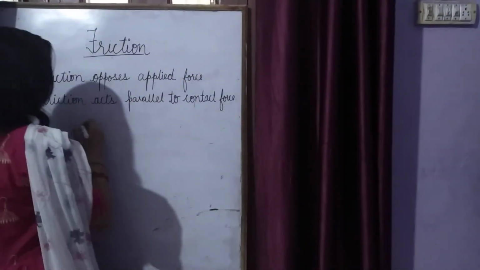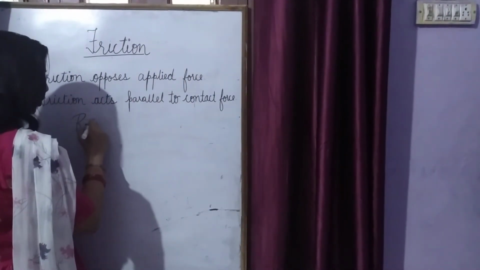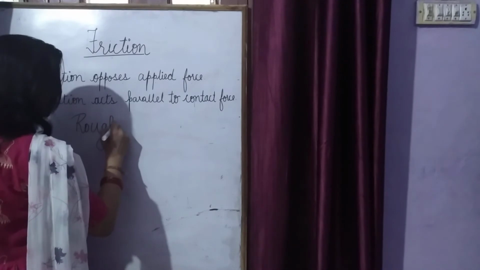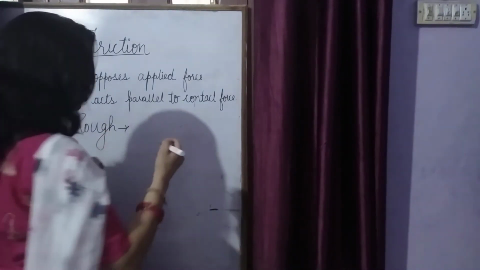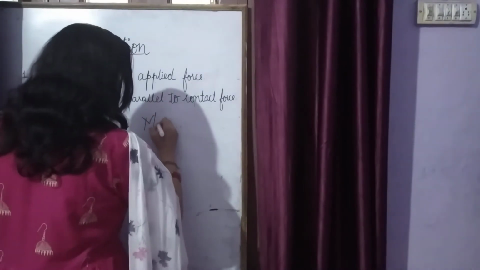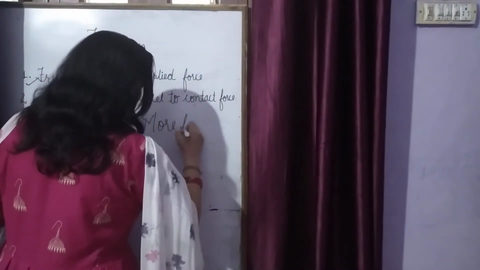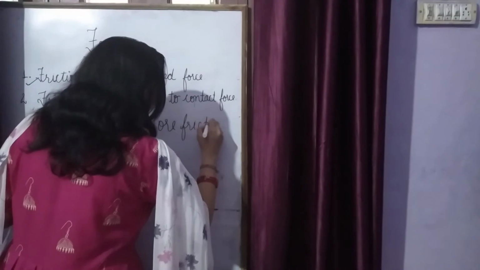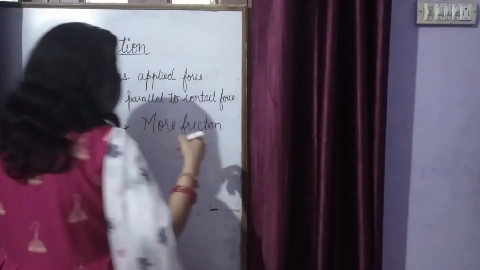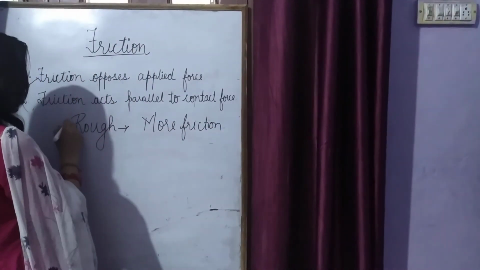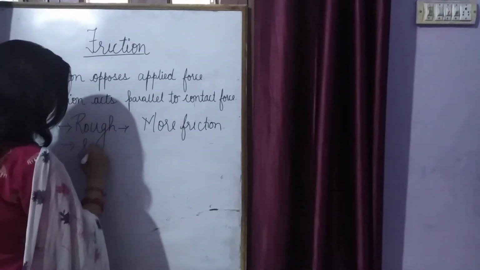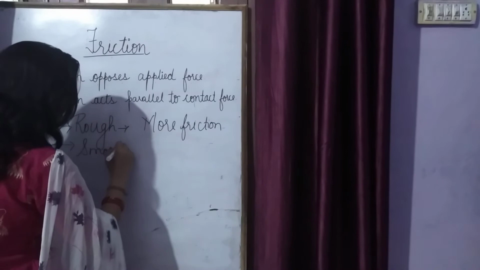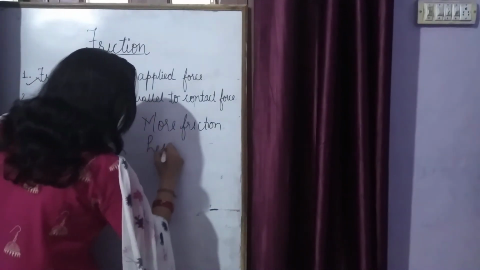So from this we conclude that the rough surface actually provides more friction. What happens on a rough surface? There is more friction, and therefore athletes feel very comfortable running on the rough surface, whereas on the smooth surface the friction is less.